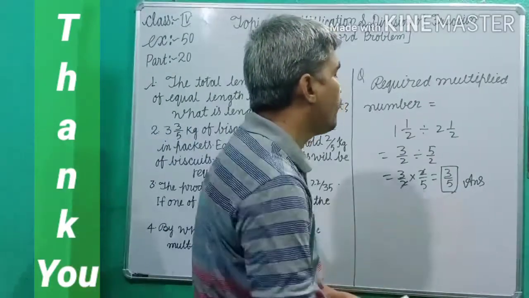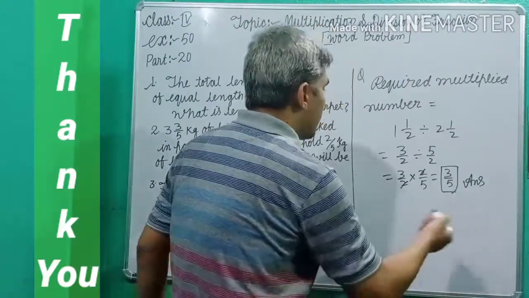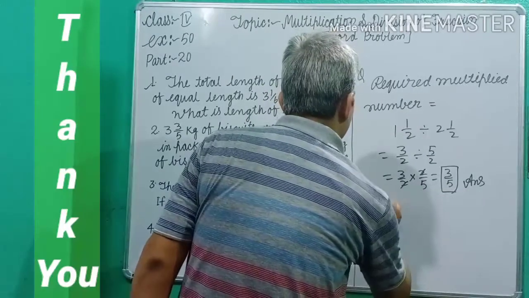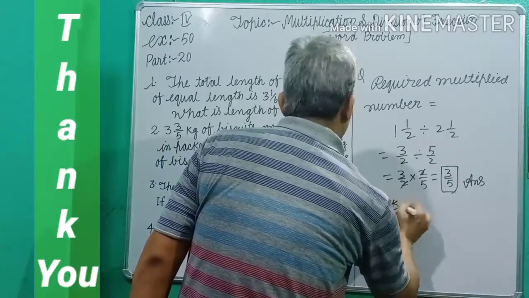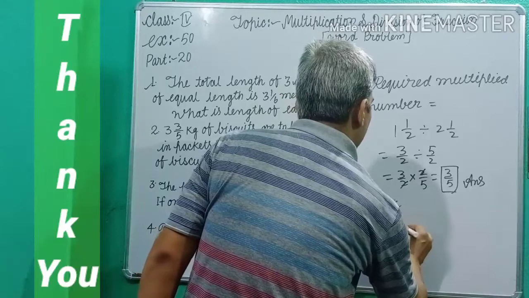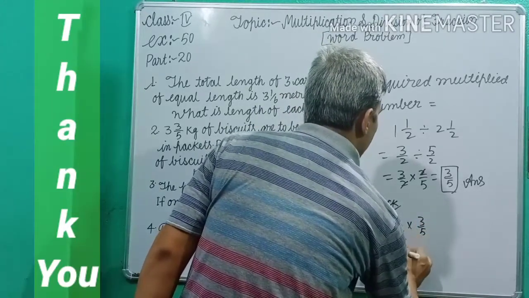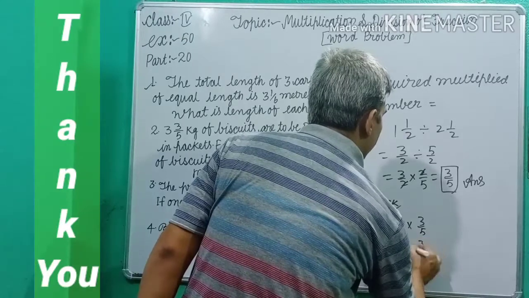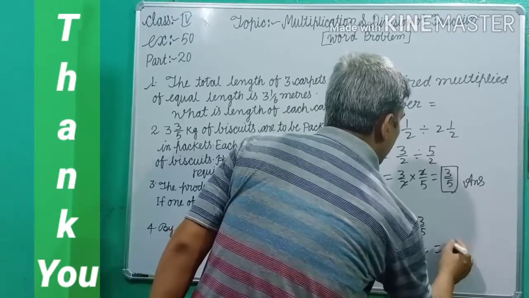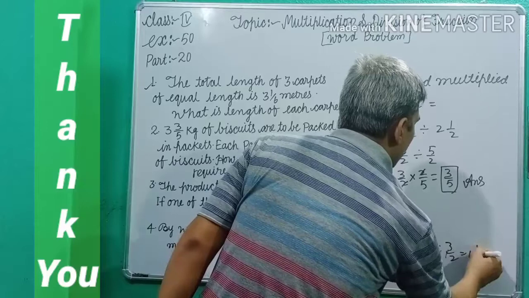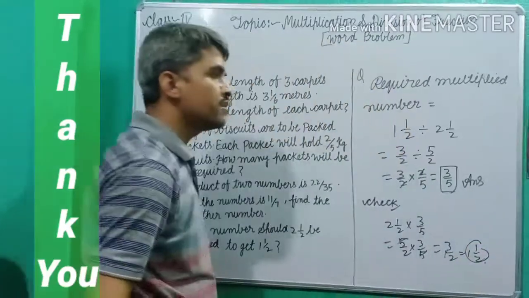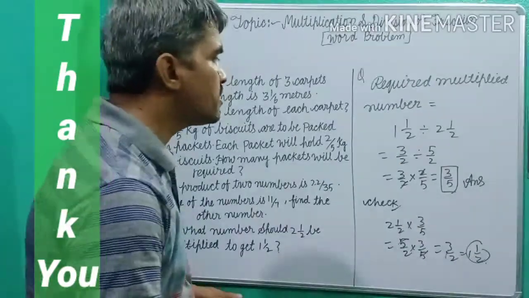That means 3 by 5. You check whether your answer is right or wrong. 2 and 1/2 multiplied by 3 by 5, that means 5 by 2 multiplied by 3 by 5. Hence 3 by 2, that means 1 and 1/2. This is the right answer. In this way you check your answer.